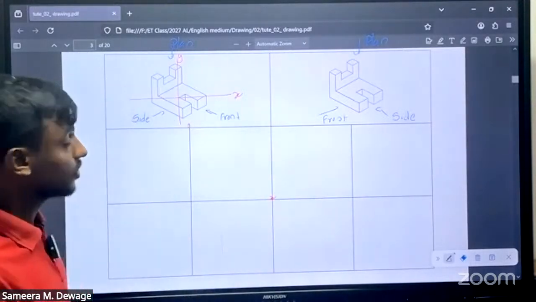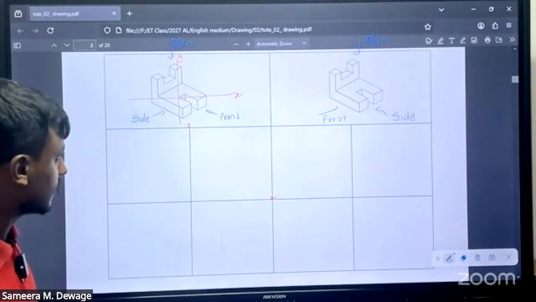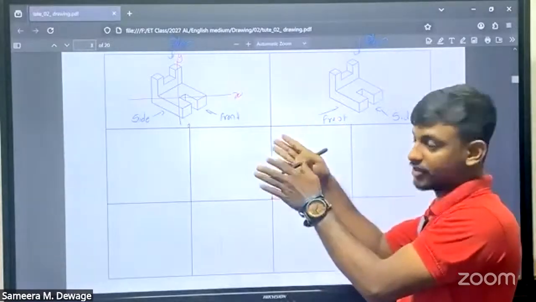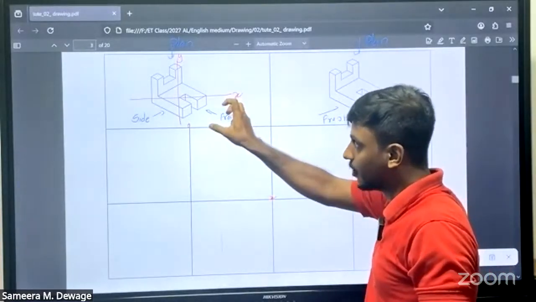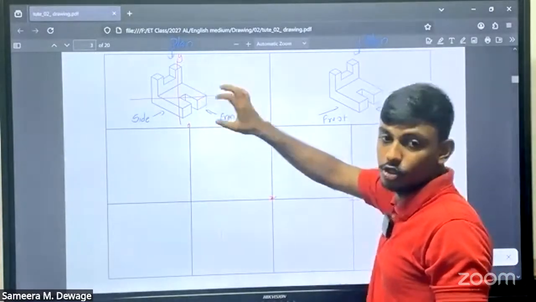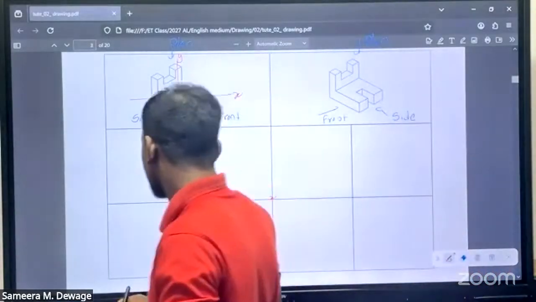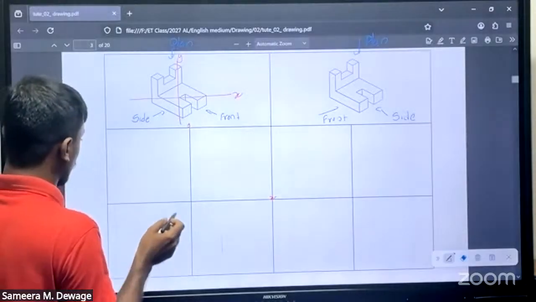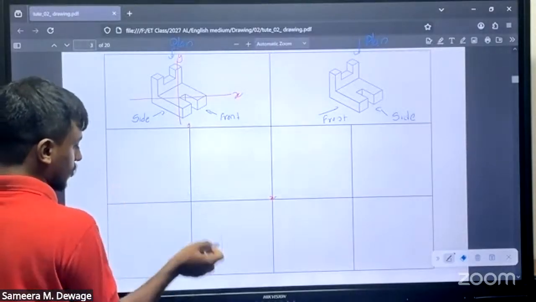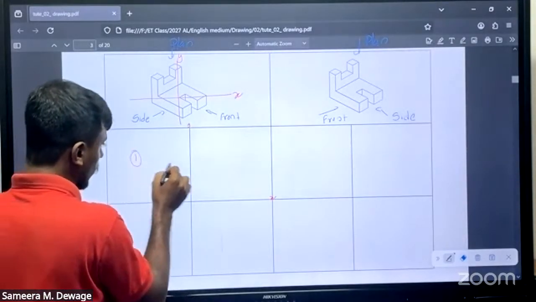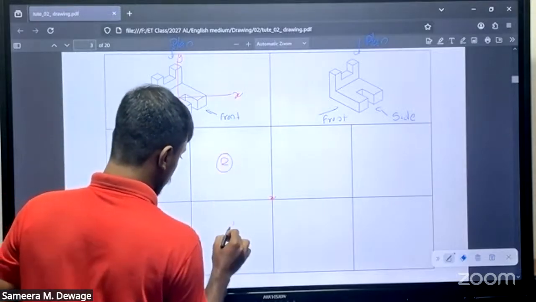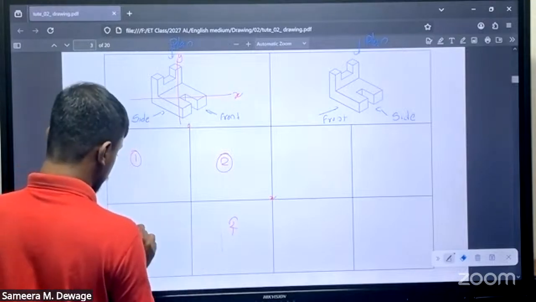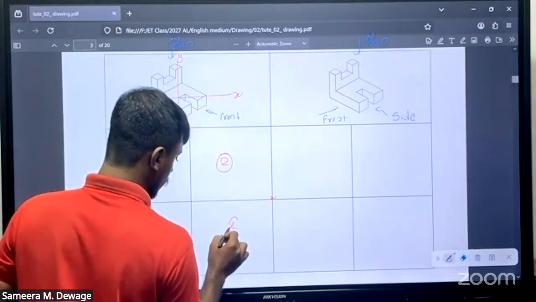According to that, if we look at this direction, if you take our front as this side, where should our projection image locate? So here number 1, number 2, number 3, and number 4.